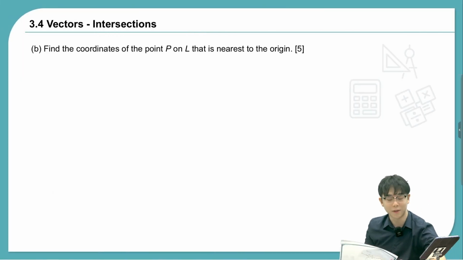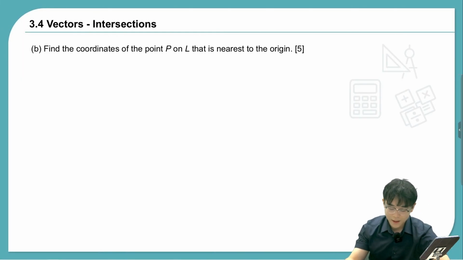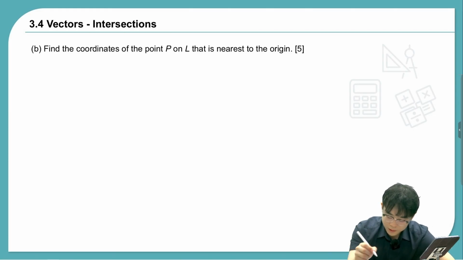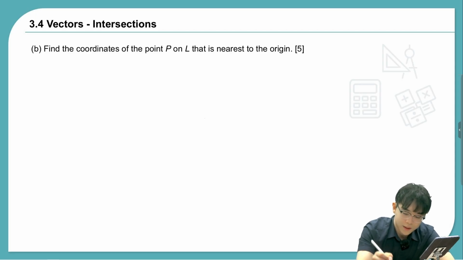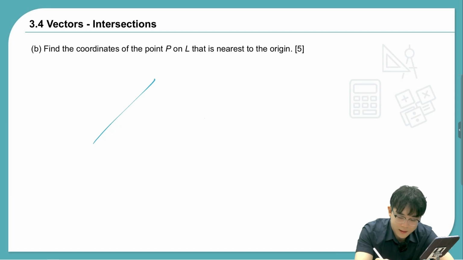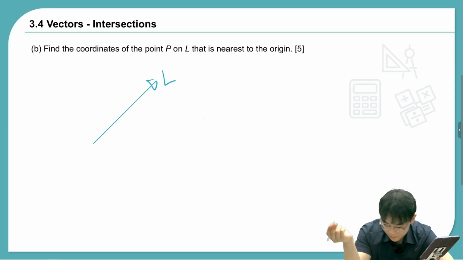And then let's go on to number 2, or part B. So we have coordinates on P, which are on line L, and we want to make sure that it's closest to the origin. So let's say we have our line L. So let's not think about the planes right now.